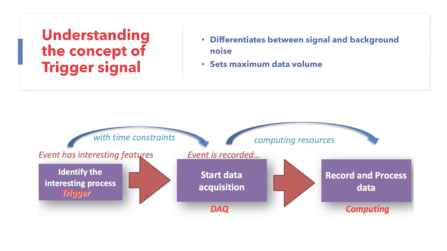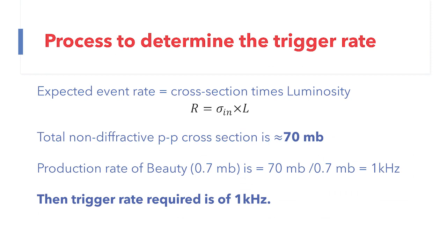Next, I am taking into the concept of trigger rate. As you can understand from the trigger signal, the next obvious question, at what rate should the trigger be asserted? Let's go into that. The process to determine the trigger rate is very simple actually. The expected event rate equals cross-section times luminosity.